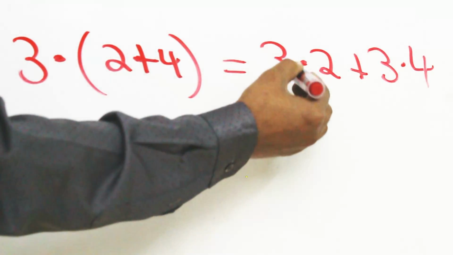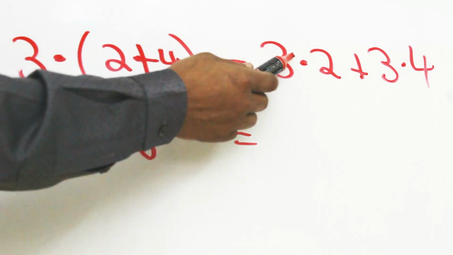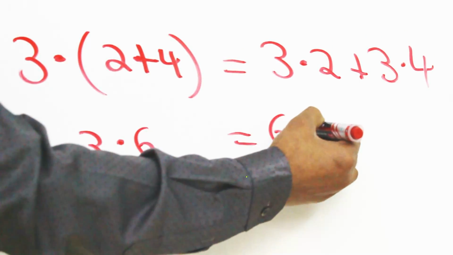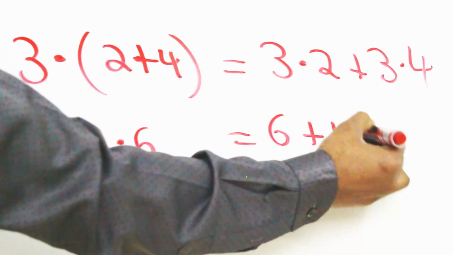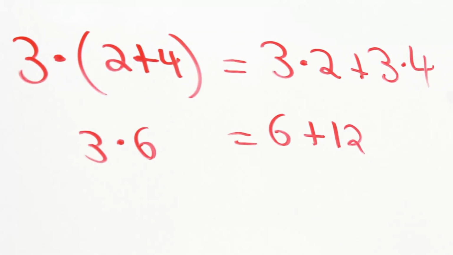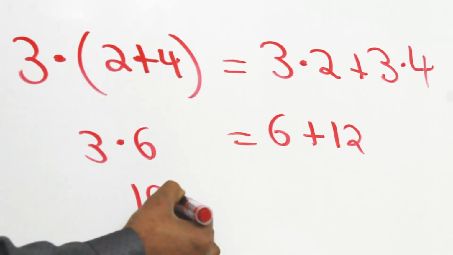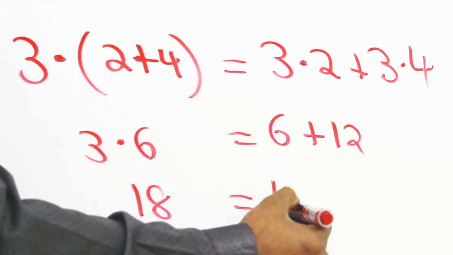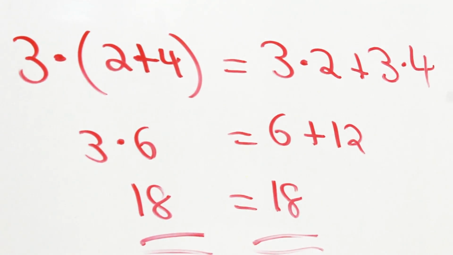On this side we don't use a bracket. 3 multiplied by 2 is 6, plus 3 multiplied by 4 is 12. We'll check again: 3 multiplied by 6 is 18, equals 6 plus 12, which is 18. This is what is meant by the distributive property. Thank you.